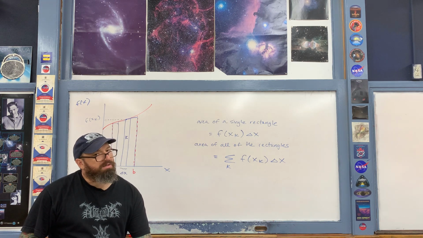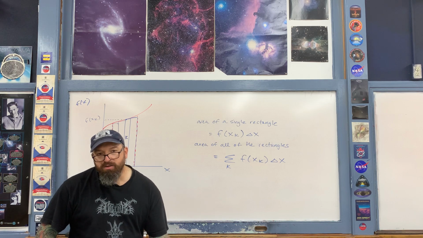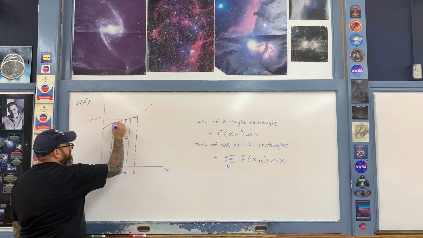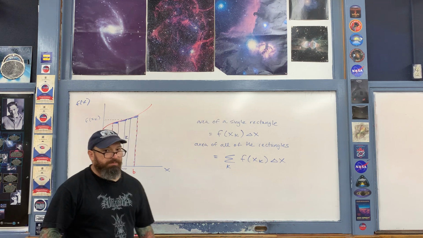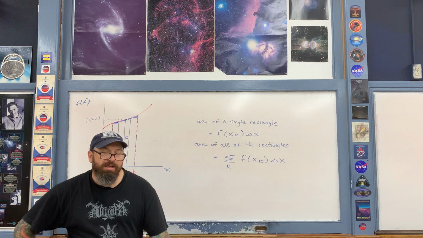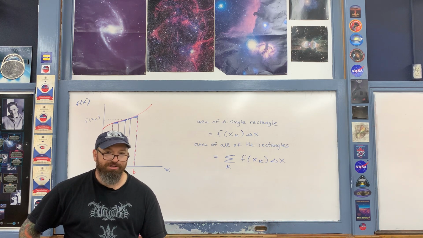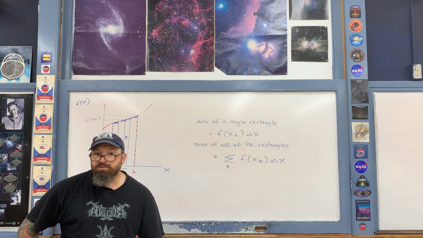Now, does this quantity here truly give us the area underneath the curve? No, not quite. It's only an estimate. We miss, for example, a little bit of area here, here, here, here, and so on, like so. So then therefore, what could I do to these rectangles to get a truer and truer calculation, if you will, of the area underneath the curve? Well, I can do 2 things with them.